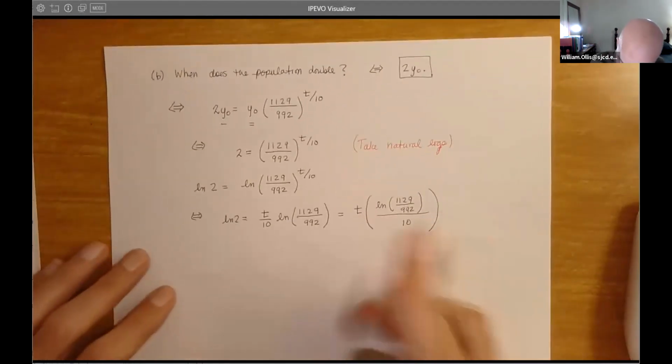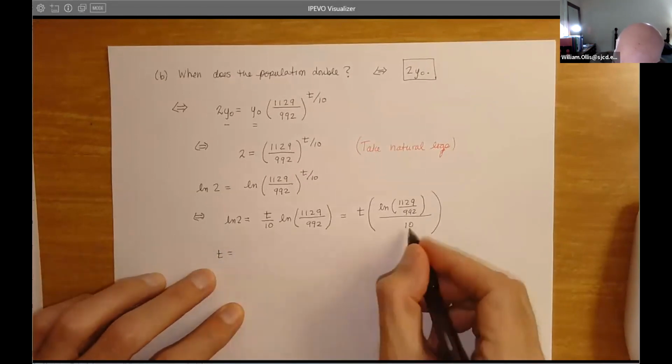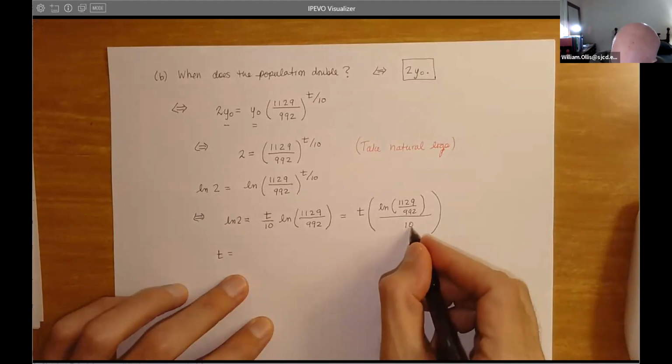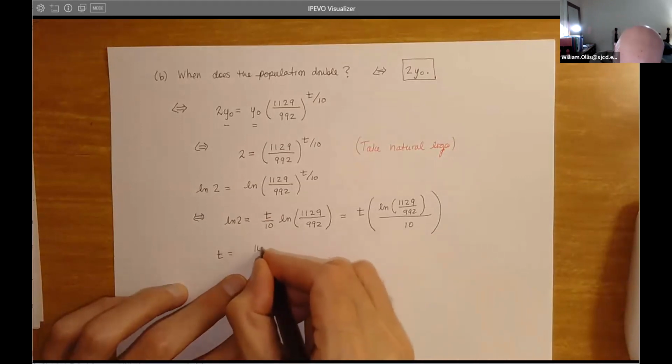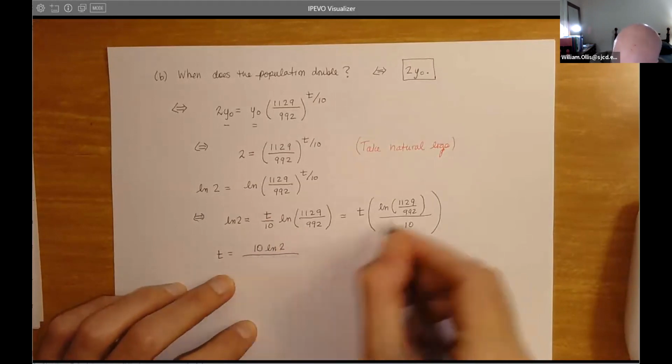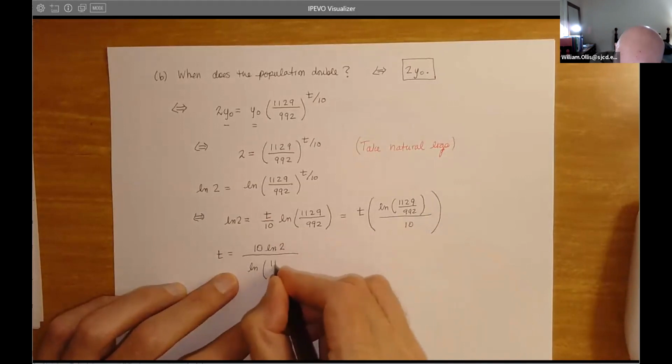So now t will equal, again, when we flip it, we have multiplication by 10, 10 times the natural log of 2, and then, of course, the log term in the denominator, the natural log of 1129 over 992.